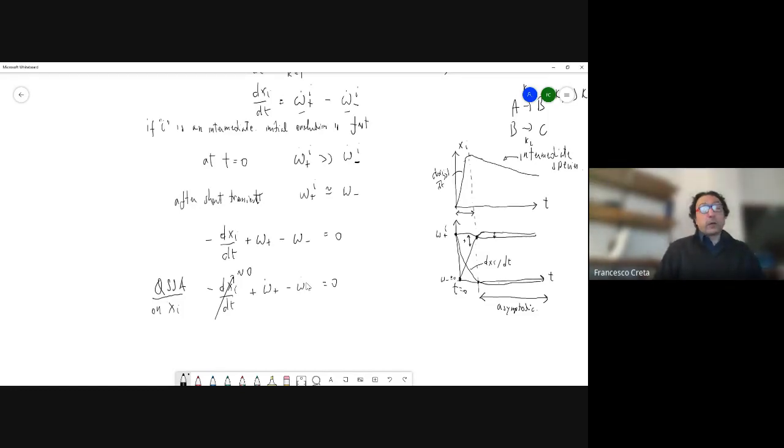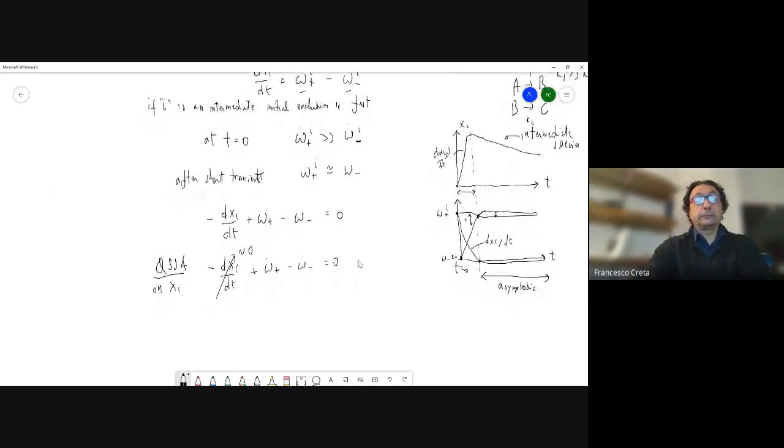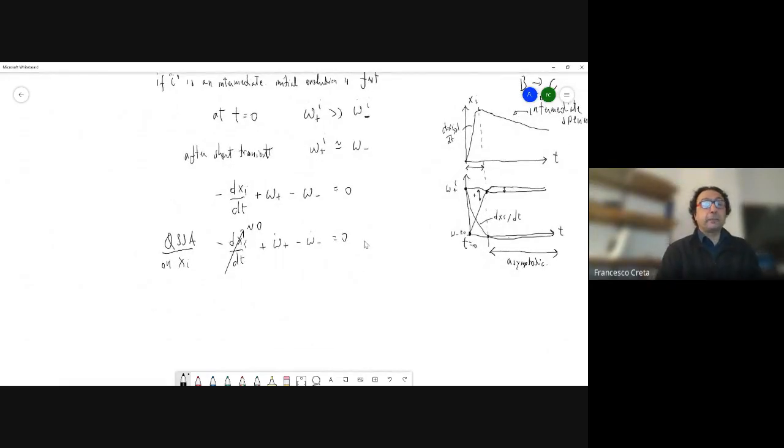So what, you may ask? Well, think about it now. What does that mean? It means that the quasi-steady state assumption translates into, for species I, this equation. In some sense, we have replaced the evolution of I, which is obviously originally described by an ordinary differential equation, with an algebraic constraint.